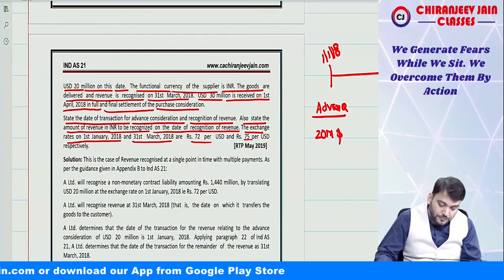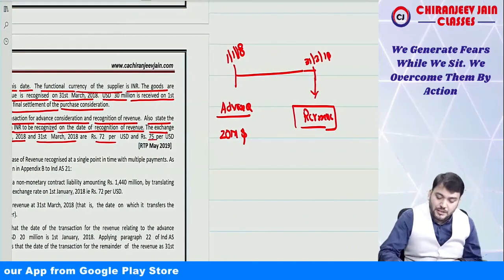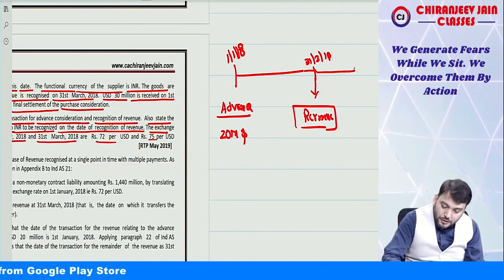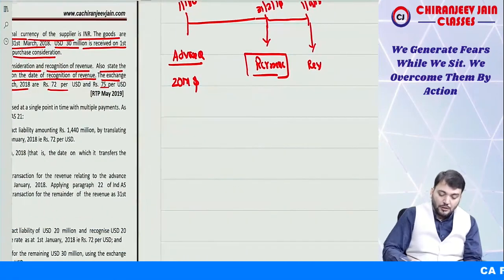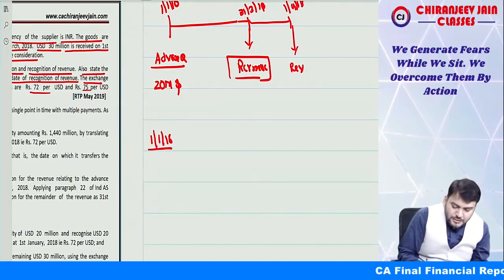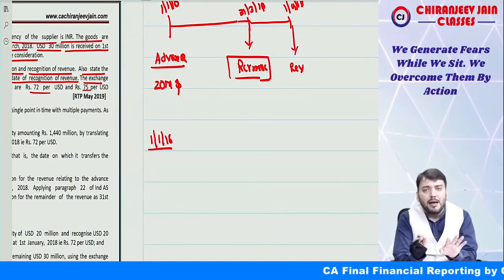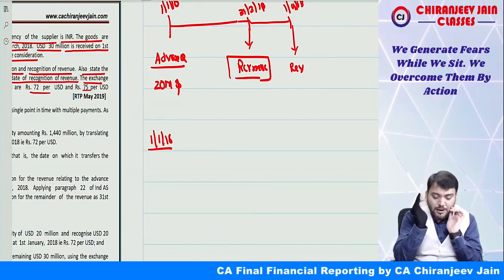So entire amount means $30 million is received on 1st April 2018, the next day only. So on 1/1/2018, suppose we have not done appendix B, so let's see what will be our common sense.